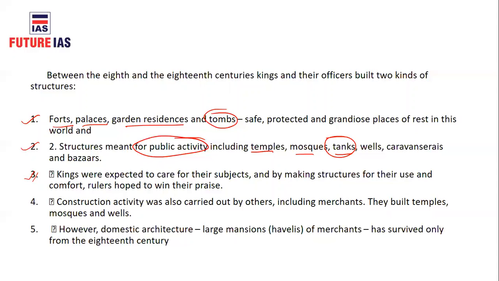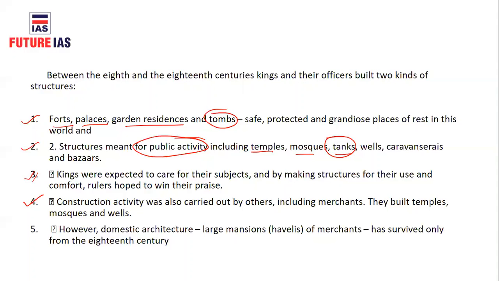You must understand that a few of those construction activities are performed by the king or by the orders of the king, but a few are also performed by craft persons and donated by merchants.